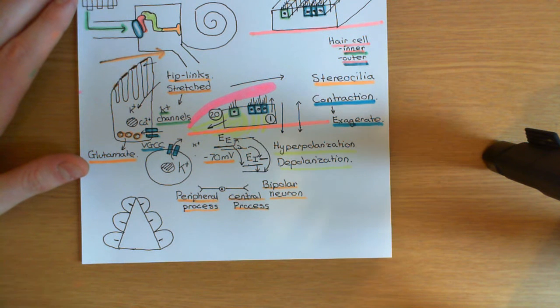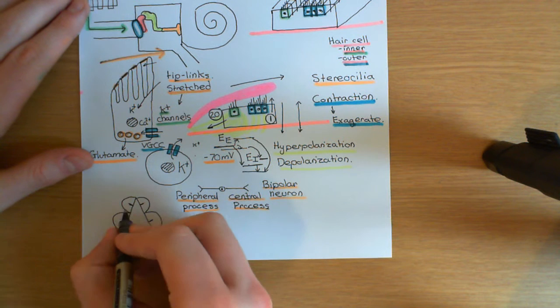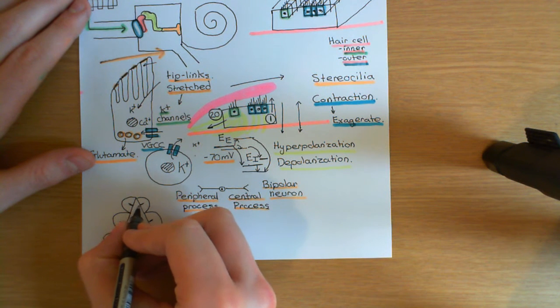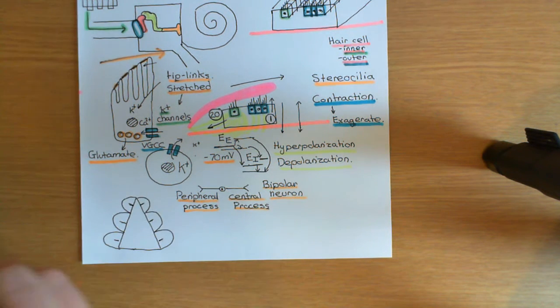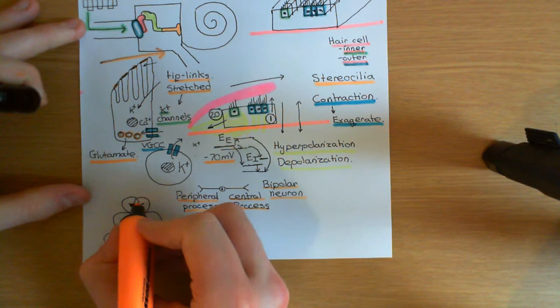All the way along the cochlear duct, every single one of the inner hair cells will have 20 bipolar neurons innervating it, and each bipolar neuron will just innervate one inner hair cell, and each outer hair cell will have one bipolar neuron innervating it. All of these bipolar neurons have their cell bodies at the base of the spiral ligaments, so in these positions here.